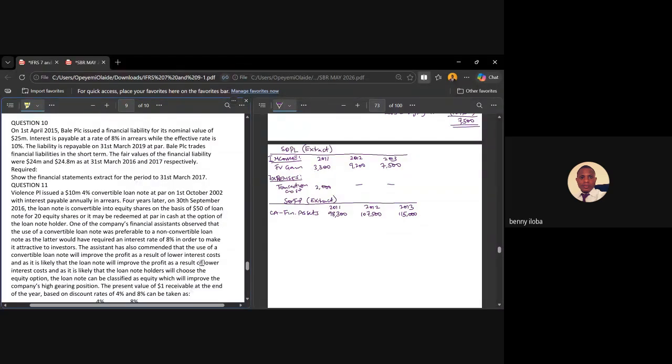Vale PLC treats the financial liability as held for trading in the short term. The fair value of the financial liability was $24 million and $24.8 million as at 31st March 2016 and 2017, respectively.